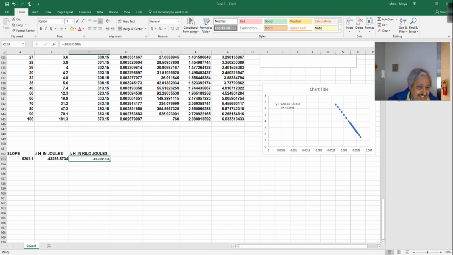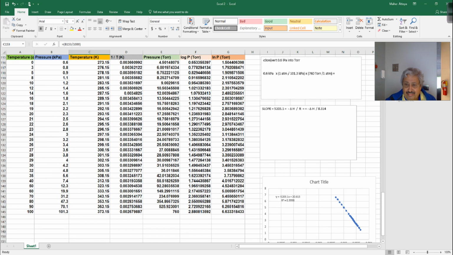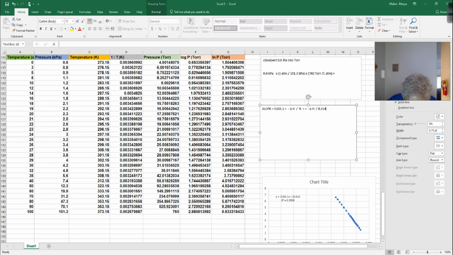So the answer is really good. I will highlight this one here, bold it, and then put it in Arial. Delta H came out to be, delta H, copy it, paste it here, equal to.